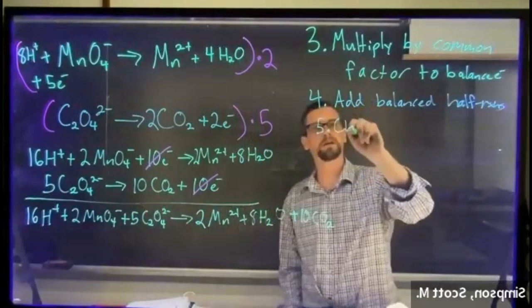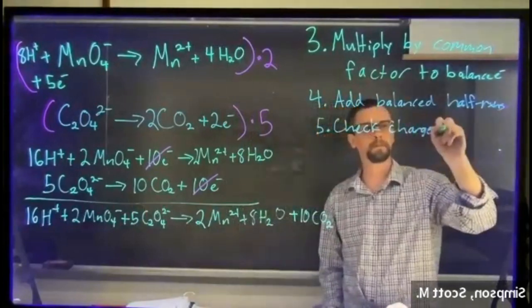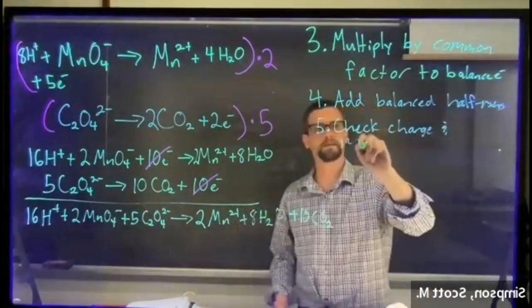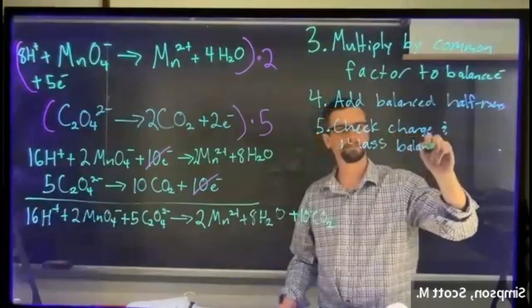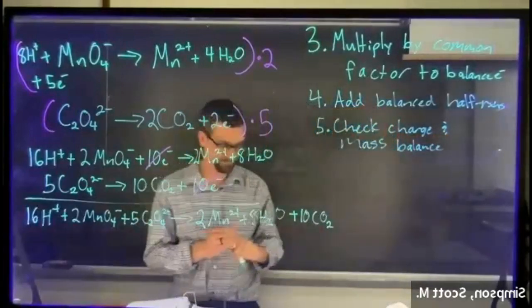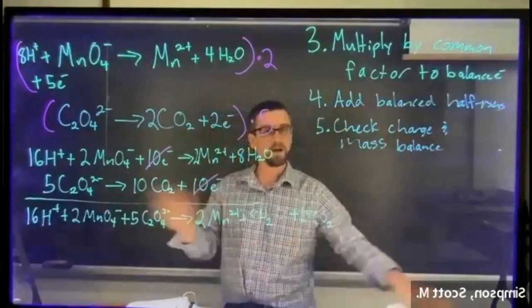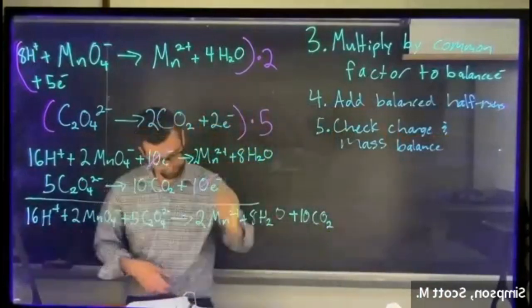So check charge and mass balance. As long as those two things match, should be good to go. They do when you total everything up, at least for this reaction.